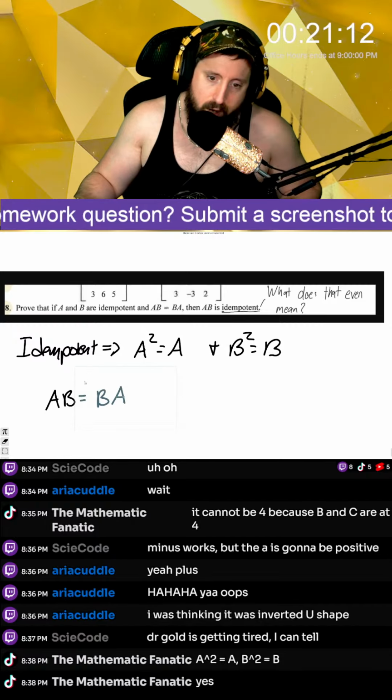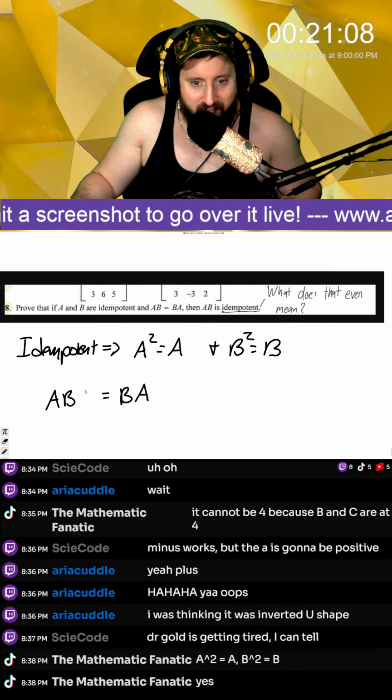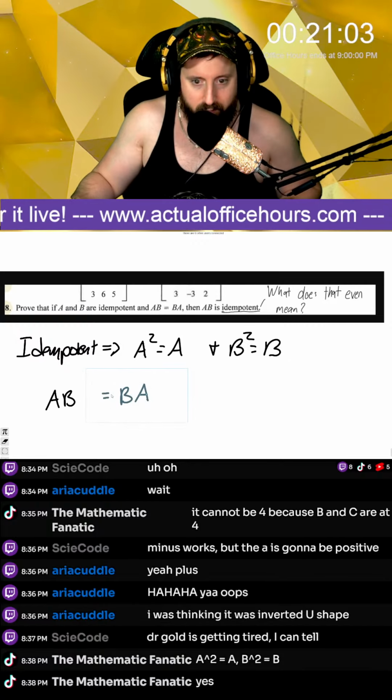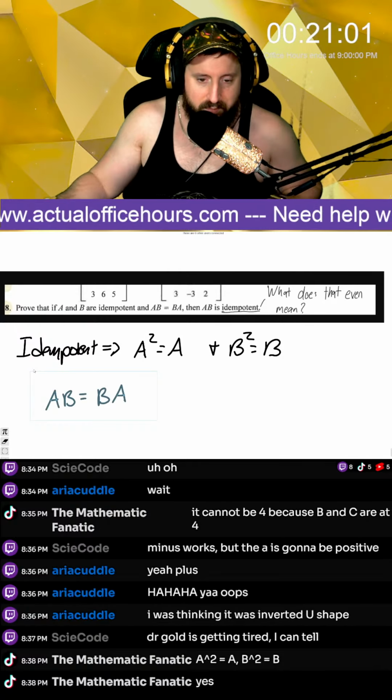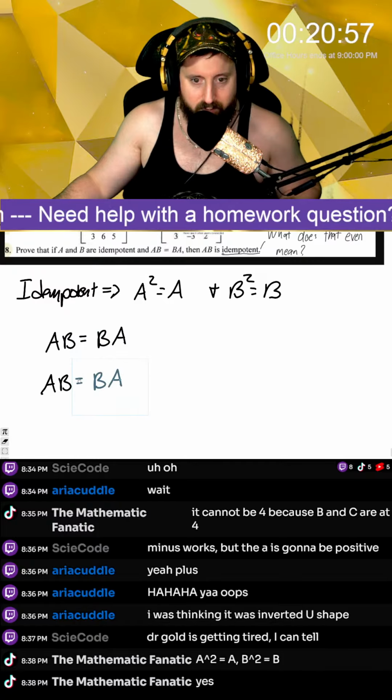So what I'm tempted to do, I always love doing this, is have this operate on a B on each side. Sometimes matrixy proofs are just funny. You just have it operate on itself a bunch of times to see what happens.